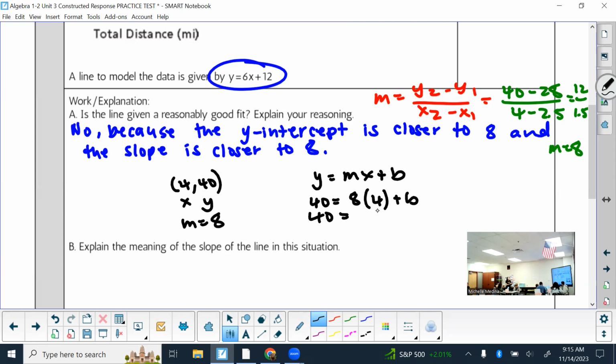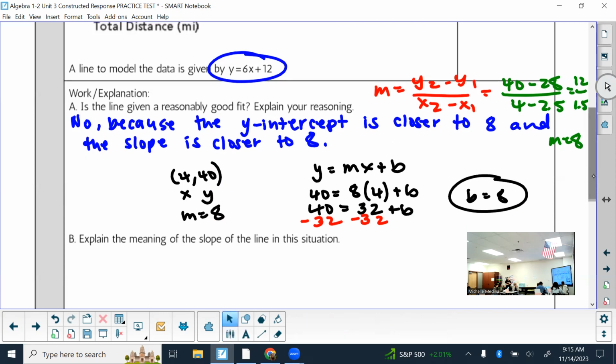So what's 8 times 4? 32 plus b. Get the b alone, opposite of adding 32, we need to subtract it. And we do get that b is 8, so that makes me feel a little bit better about saying the y-intercept is supposed to be 8.